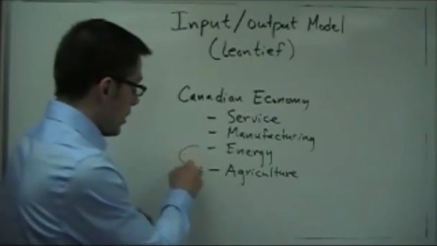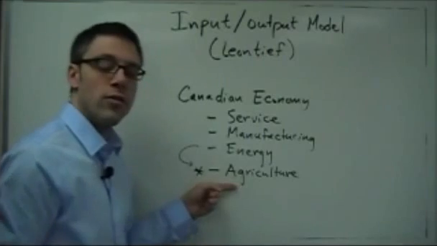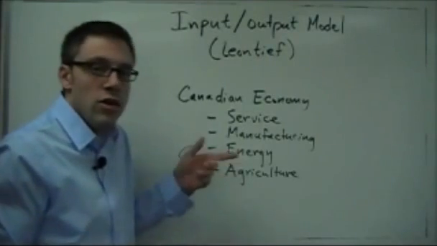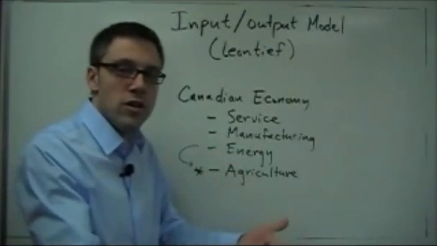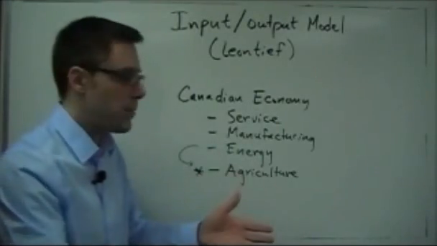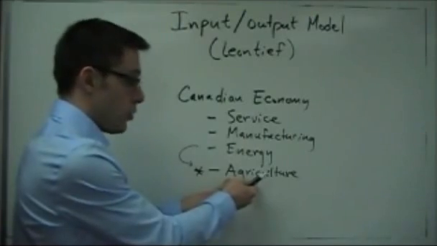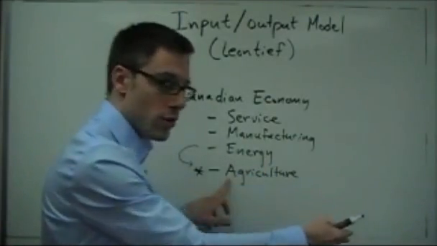So in some sense, the output of energy is an input for agriculture, because the output of the energy sector is usually gasoline or natural gas or whatever it happens to be. So an output of energy is an input of agriculture to produce an output of agriculture.